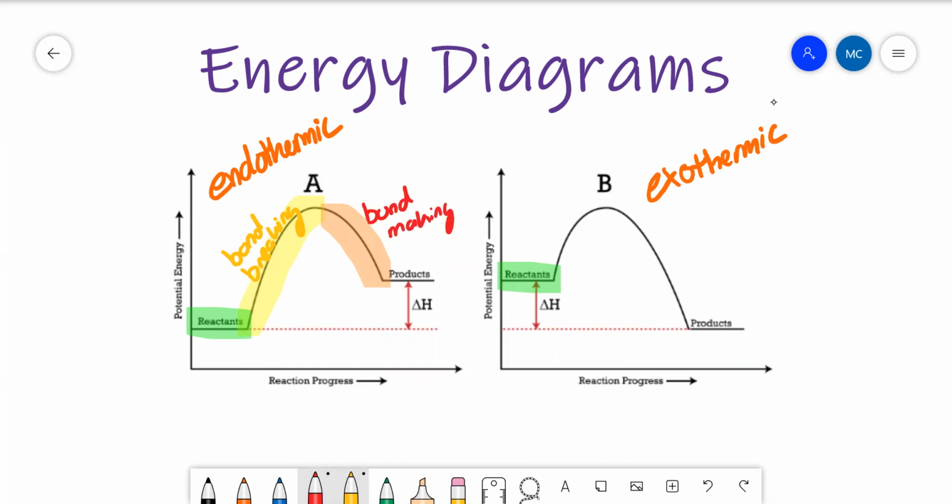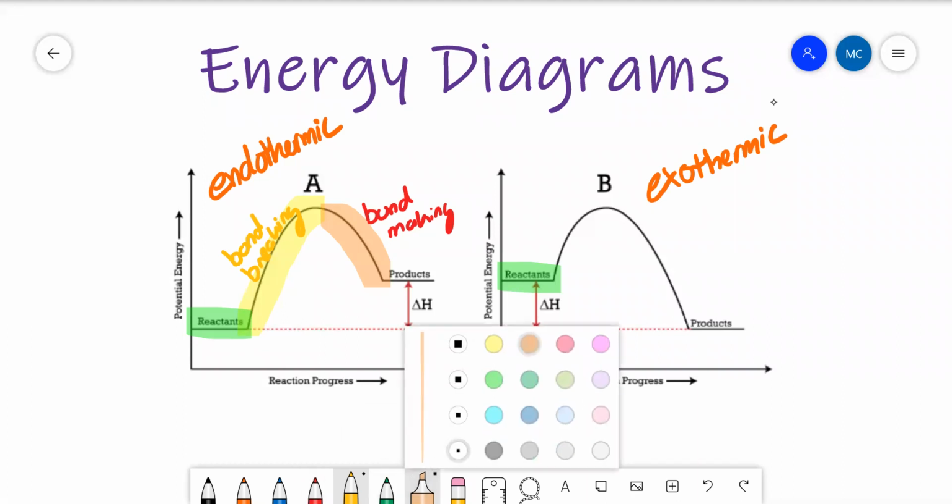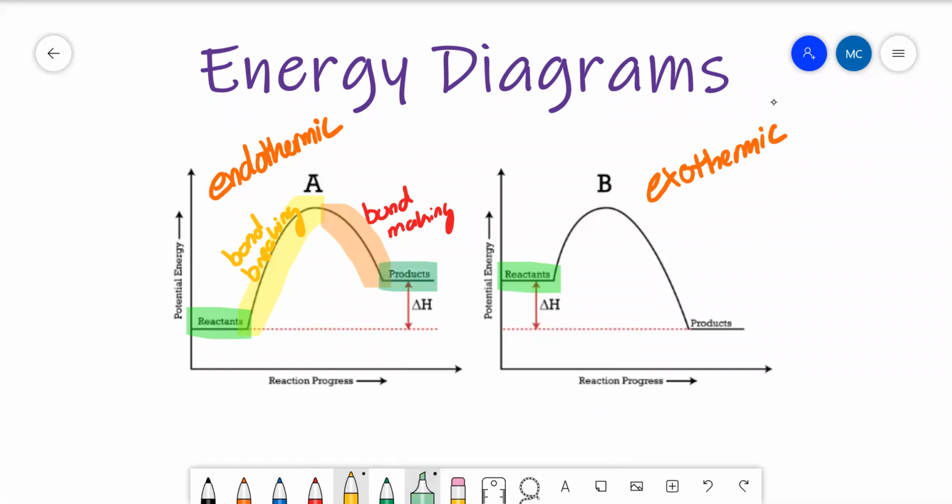Now, depending on whether you have more energy released than absorbed in the reaction, your reaction is going to be either endothermic or exothermic. So in this case, you have the products here and there.